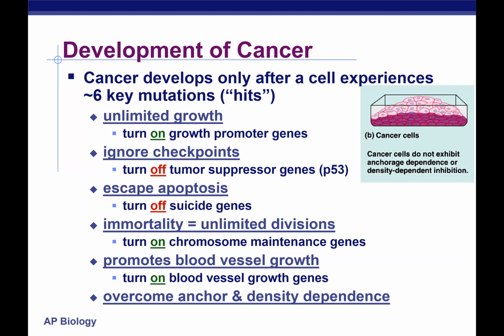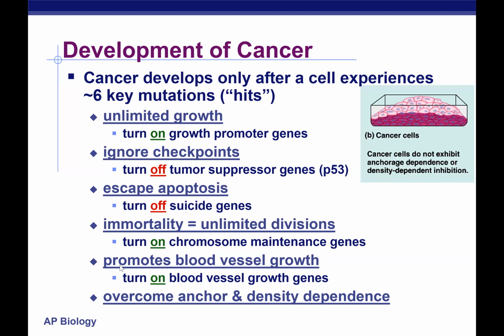Normally, they don't express, but in a cancer cell, they start expressing themselves and giving this phenotype to the cell. In normal cells, generally the genes responsible for these three features are not expressing themselves.